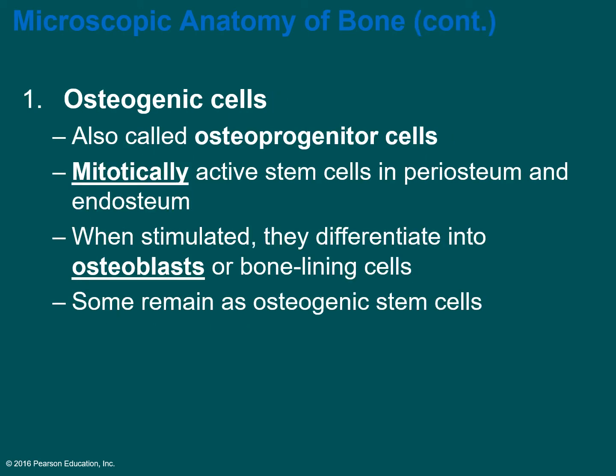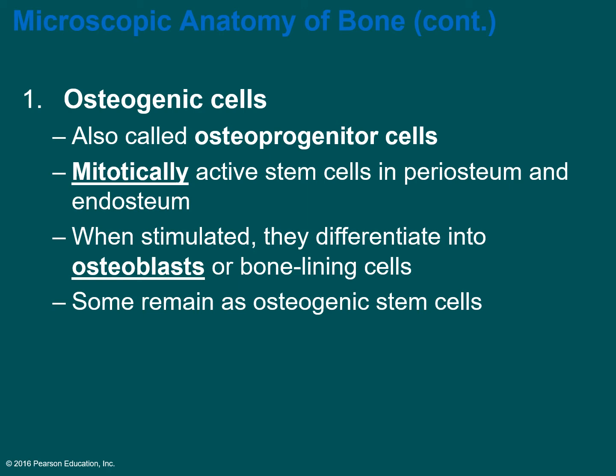The osteogenic cells sometimes are called the osteoprogenitor cells. They're very active going through mitosis. Remember, I've already mentioned those just a few slides back when we were talking about the periosteum and the endosteum, saying that you have these osteogenic stem cells. They are the precursors to all of the other cells.